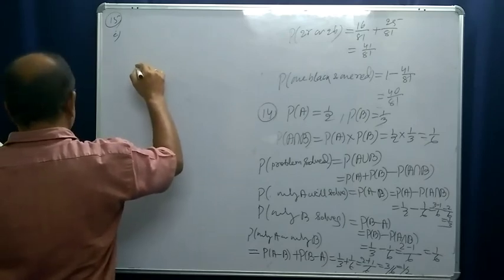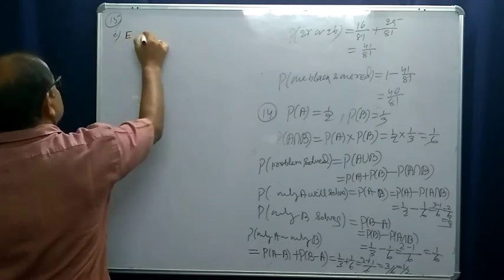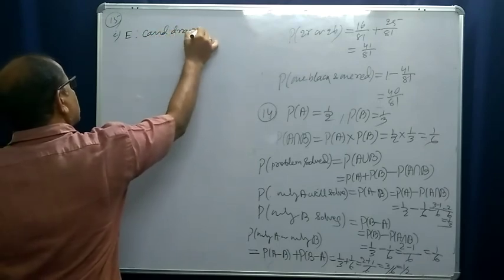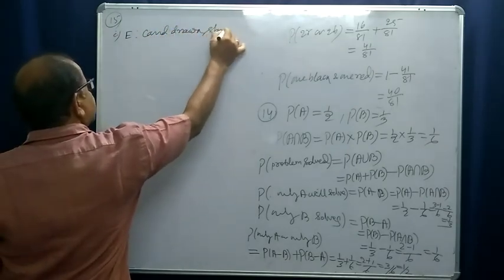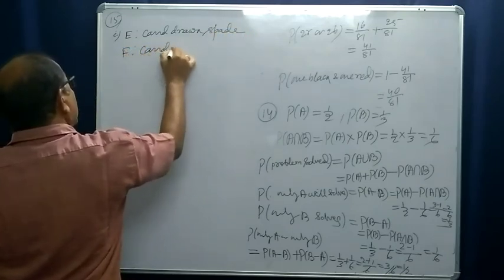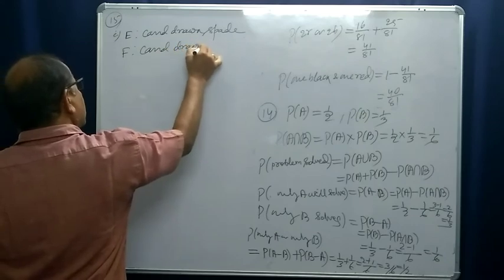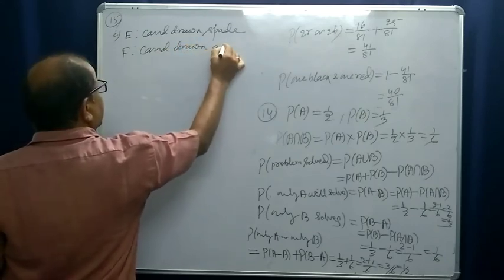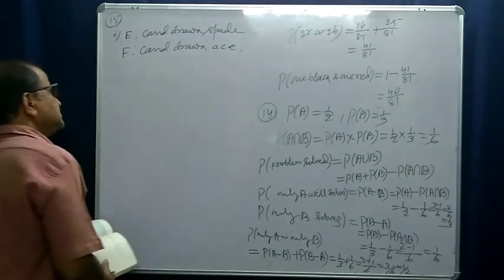Case 1: E, card drawn is a spade. F, card drawn is an ace.